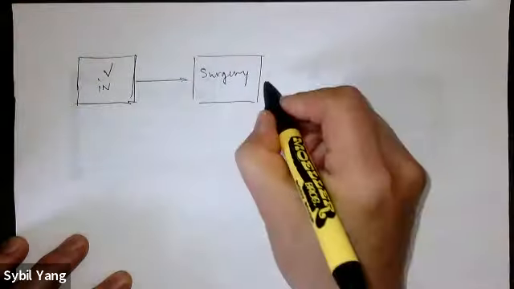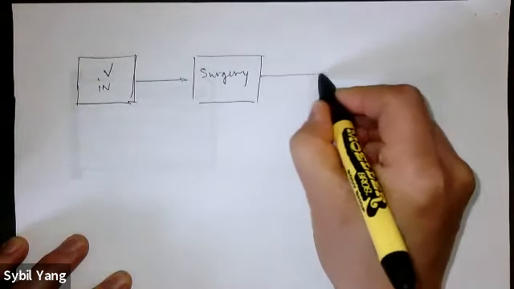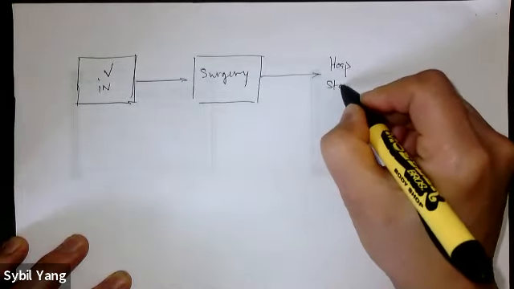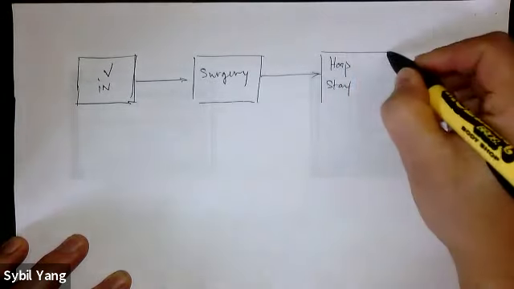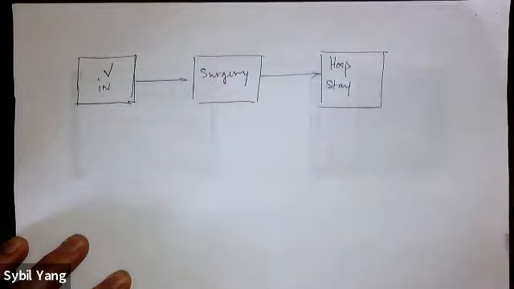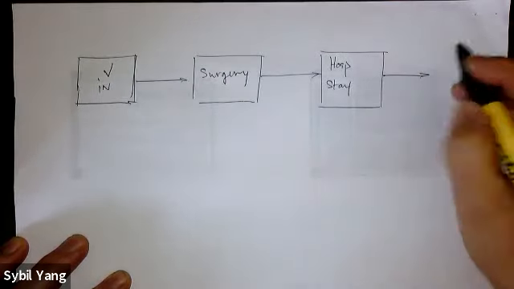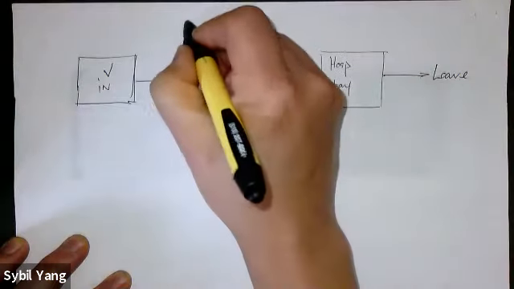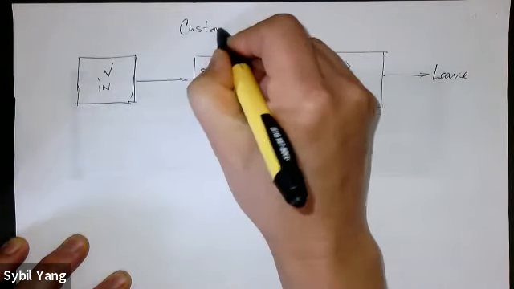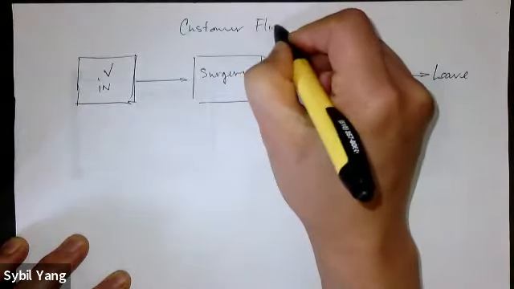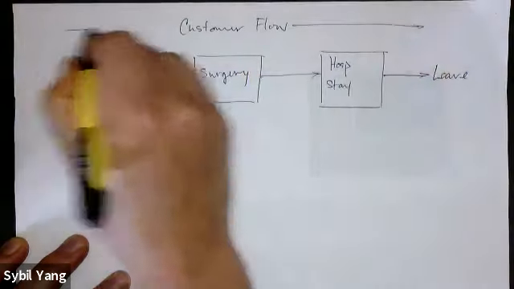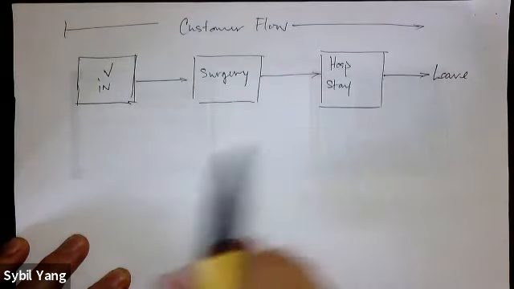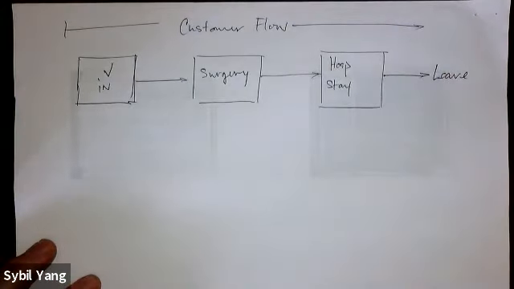After surgery, they have a hospital stay, and after their hospital stay, they leave. So we can think of this as the customer flow, a very simplified version of the service blueprint.